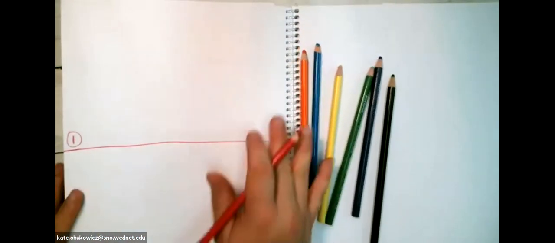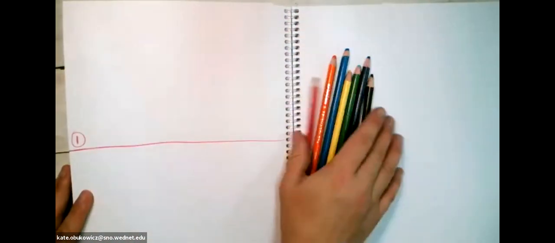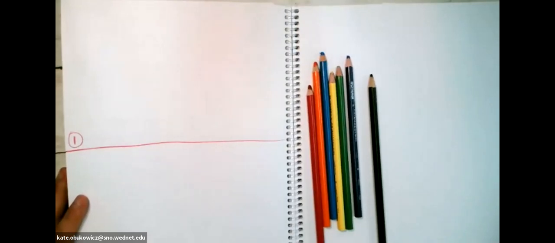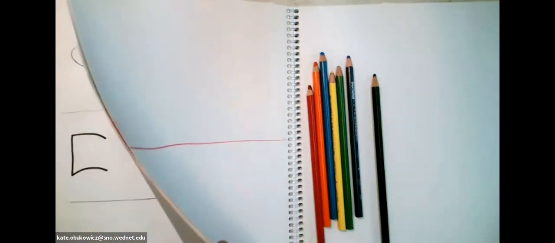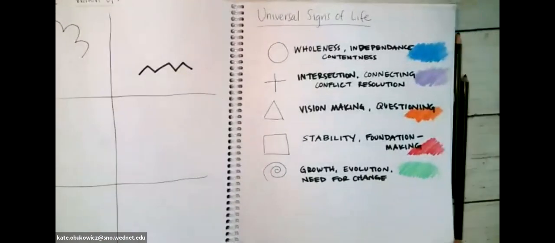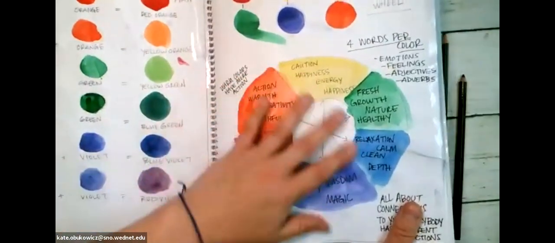And we're going to listen to music. And this is just going to be the first one here. And for the first 5 to 10 seconds, I just want you to listen. And as you're listening, you might flip back to this as a guide or this as a guide.